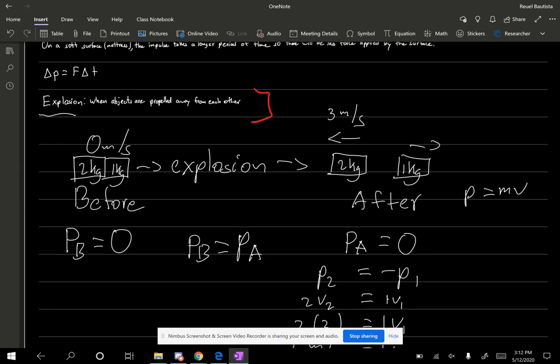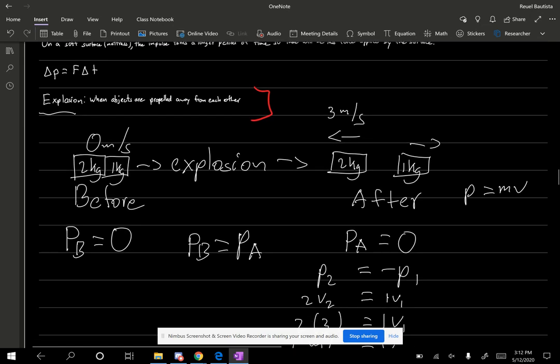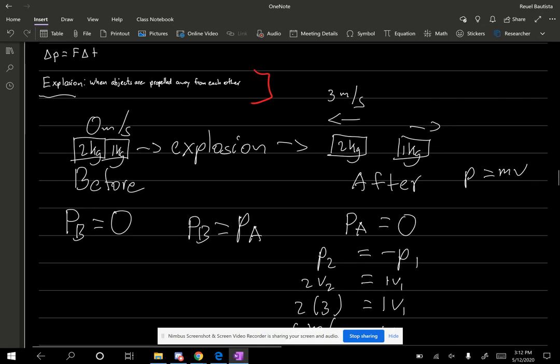It's very important to understand that explosions are also related to the law of conservation of momentum. If you have a gun, before you shoot the bullet, the momentum is zero because the gun and the bullet aren't moving before you press the trigger. But as soon as you press the trigger, the bullet goes in one direction.